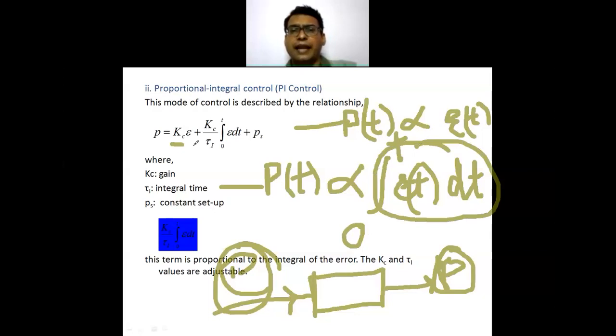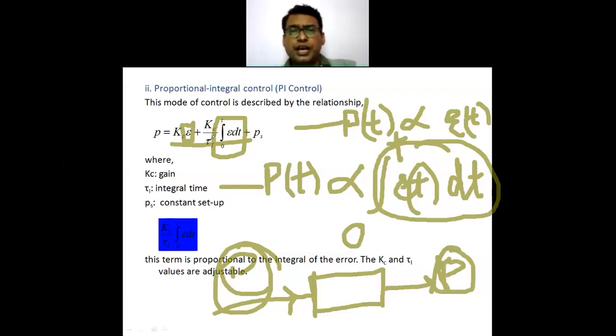So that is why adding both the things, ET dt, this is your integral part and this is your proportional part. So putting the proportionality constant, the Kc epsilon plus Kc upon tau epsilon dt plus Ps, where Ps is the constant set pressure.